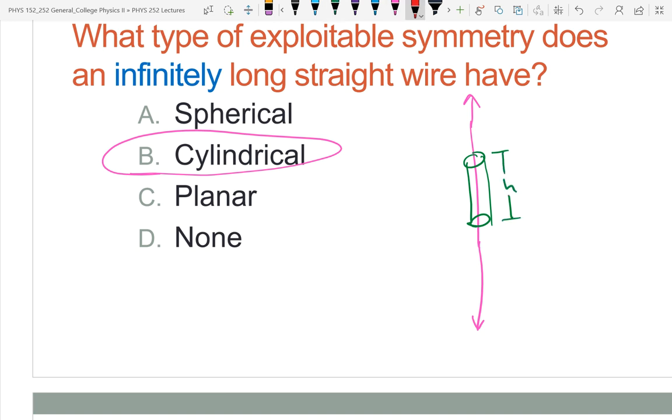What direction should the electric field point? Let's say that this wire has a positive charge. What direction should the electric field point? It should point like that. So if we look at my Gaussian surface, what direction is the area on the top of my Gaussian surface?